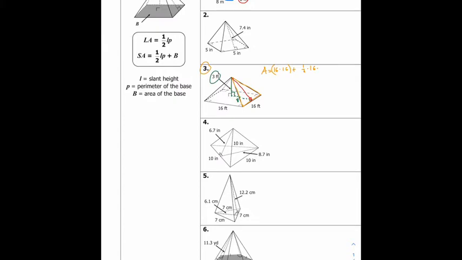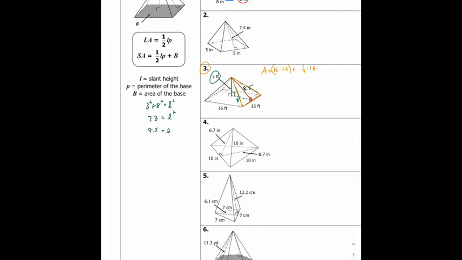So we can find that red hypotenuse by doing 3 squared plus 8 squared equals whatever the h is. We'll call it L to get you familiar with that, actually. L squared. All right, so 73 equals L squared, which means L is approximately 8.5. So this guy is going to be 8.5.